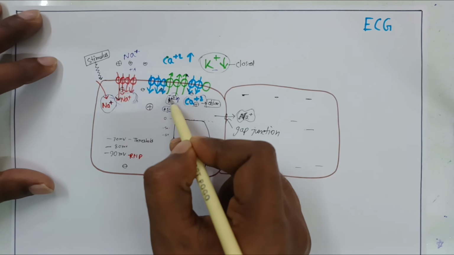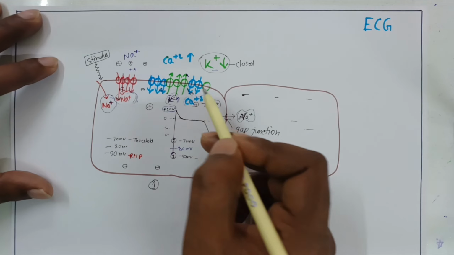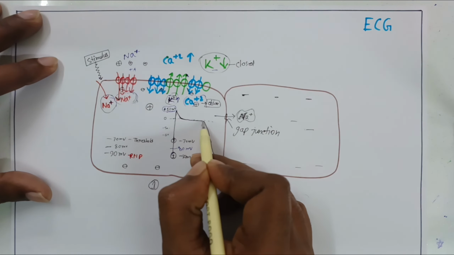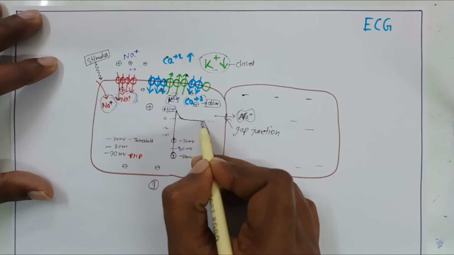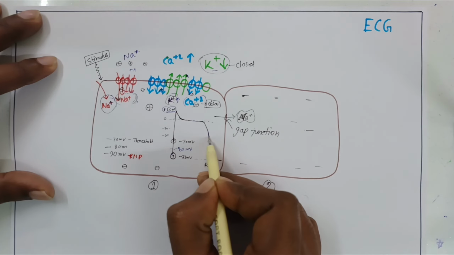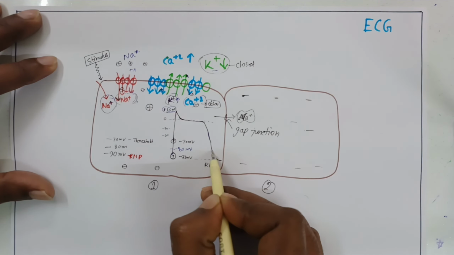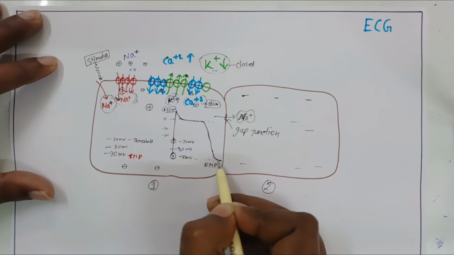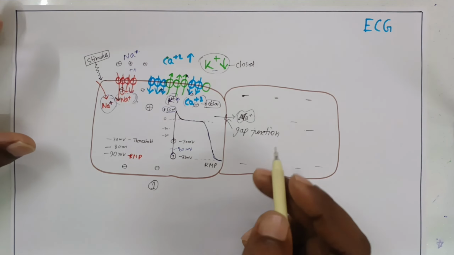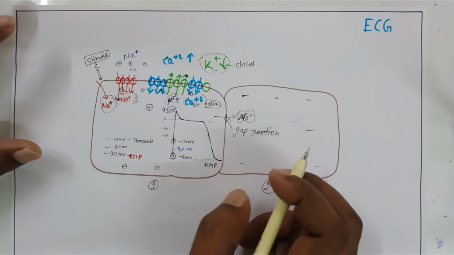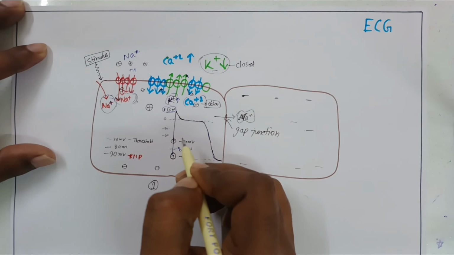That's why potassium is still being lost. Losing these positive potassium ions decreases the membrane potential, and the channels stay open until the membrane potential reaches the resting membrane potential. So that is how the action potential in a cell is generated.